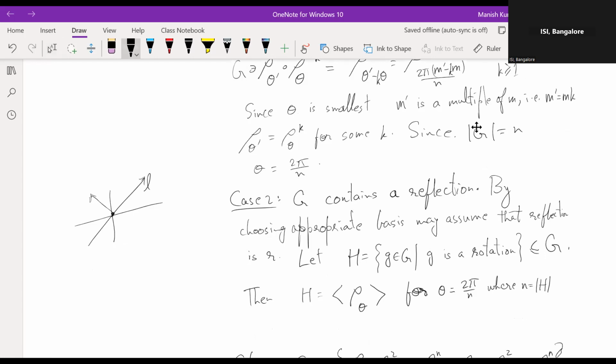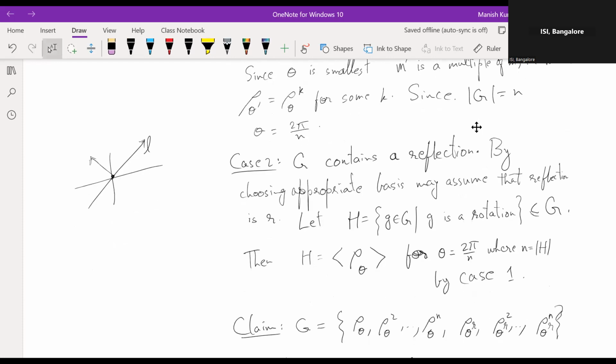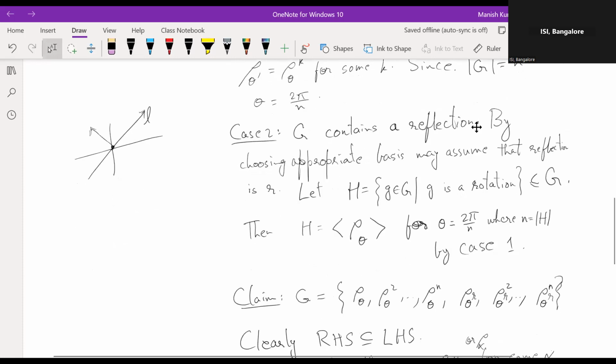By case one, H is generated by rho theta, where theta is 2 pi over n and n is the order of H. Now we will show that G is equal to this group generated by rho theta and R.